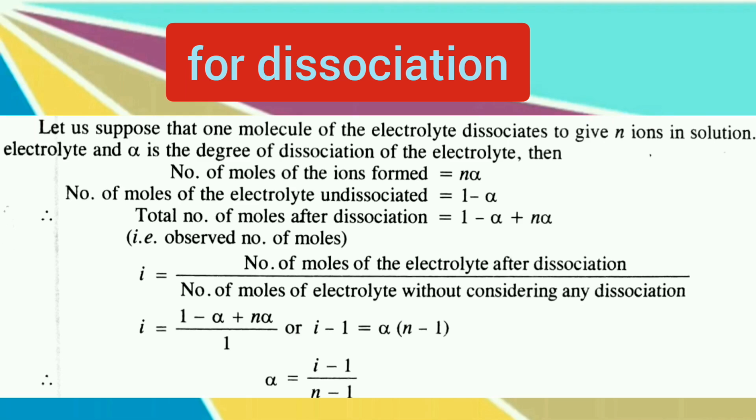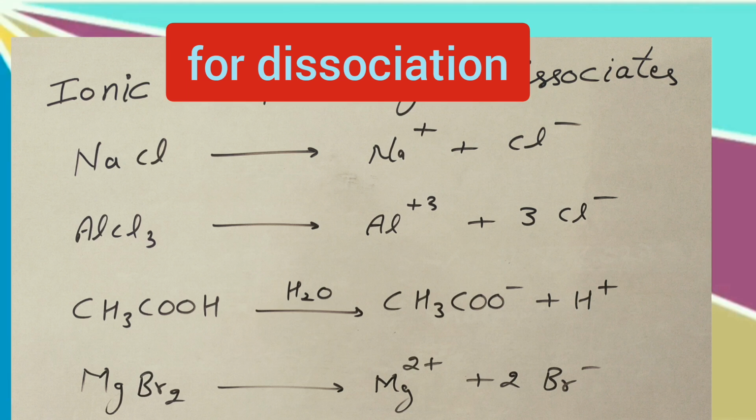Total number of moles after dissociation is 1 minus alpha plus alpha into n. Now put the value in the mathematical formula of Van 't Hoff factor. Now we find the formula alpha equal to i minus 1 divided by n minus 1. Here n is the number of particles which are produced in the product.